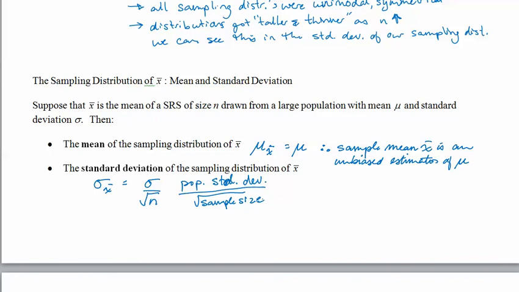Okay. Now we can use this as long as our independence condition, remember, that n is less than or equal to 1/10 of the population size, is satisfied.